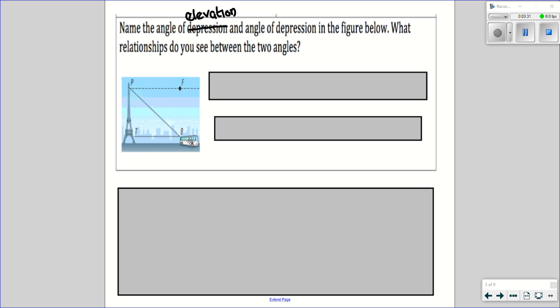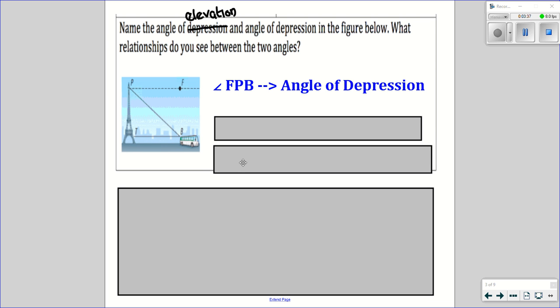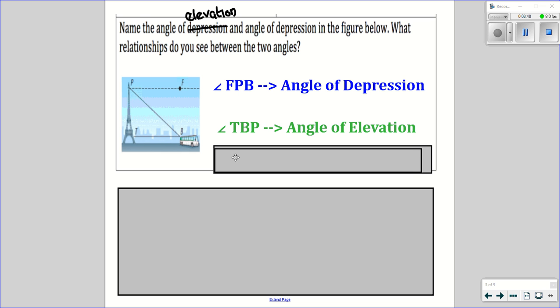You're looking down at the bus. If you're looking down, that means it's the angle of depression. So angle FPB is the angle of depression. Now let's say someone else is at the bus looking up at the top of the tower. You're looking up. That's the angle of elevation. So angle TBP is the angle of elevation.